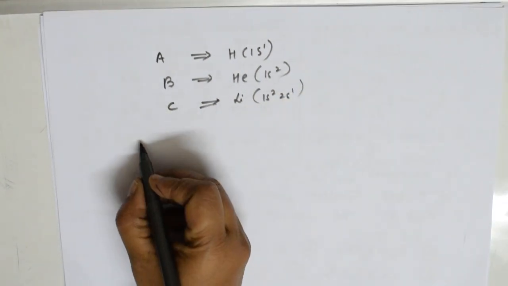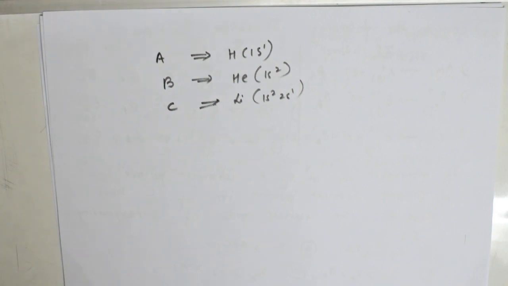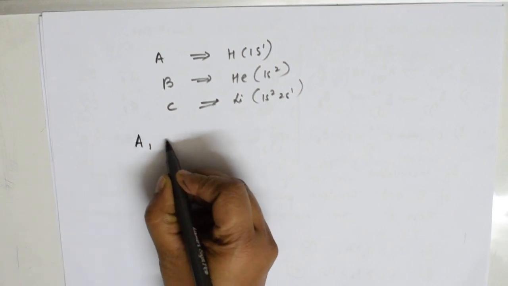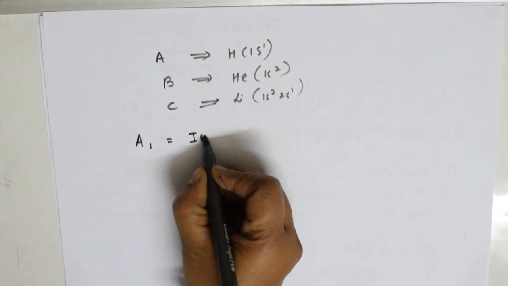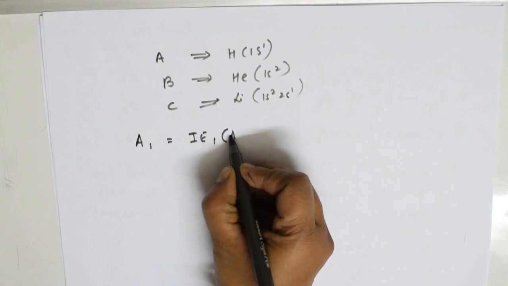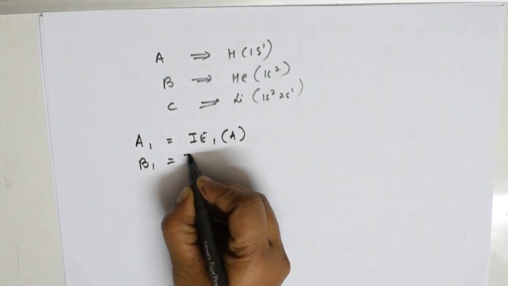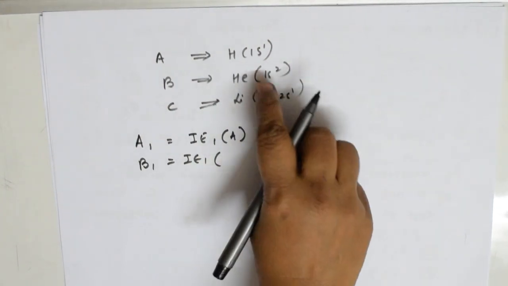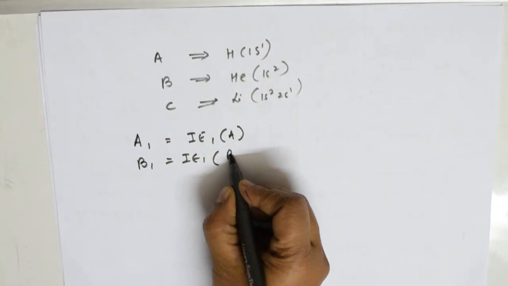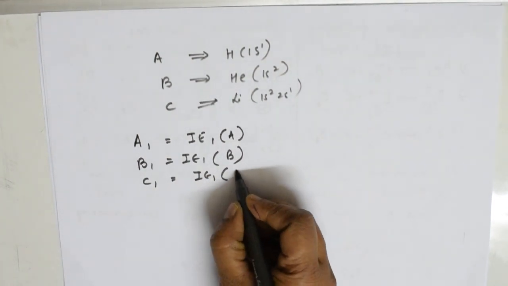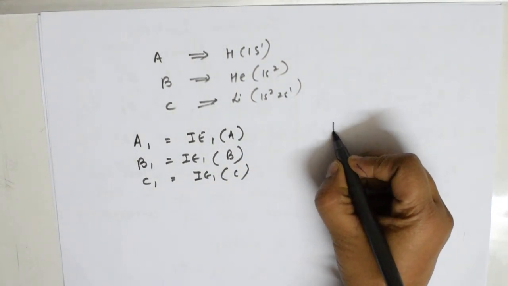So here, if I have to solve the sum, let me take one more pen for you all. This has become a bit lighter. Okay, right. So here A1 means for the first element, ionization energy IE1 of A, that is first ionization energy. Now for B1, it is also IE1 of B, because it can lose, no? For C1 also, it is IE1 of C. Done. Let us take the next one.